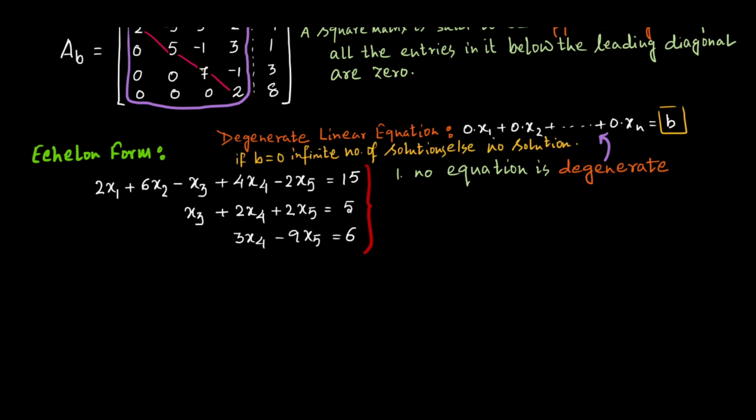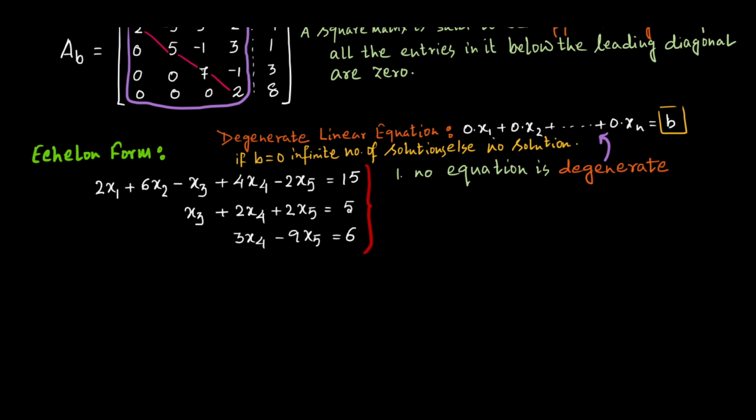So for a degenerate linear equation, if the right hand side constant is equal to 0, then you have an infinite number of solutions. Otherwise, you have no solution at all. Now, for a system of linear simultaneous equations to be in echelon form, none of the equations should be degenerate. That is requirement number 1.